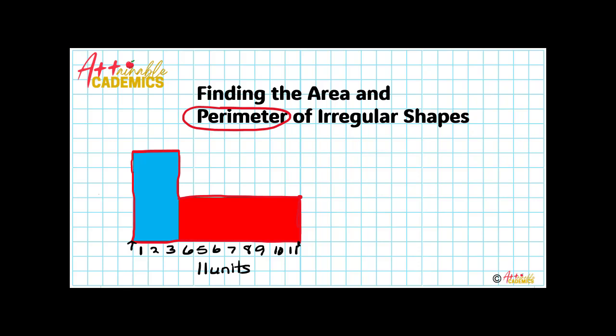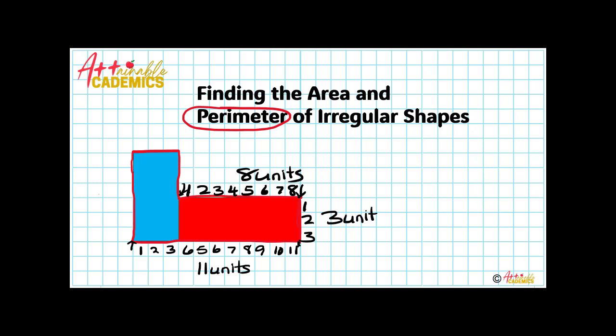Okay, we got that. What about from here to here? 1, 2, 3. Did you see that as well? So that's 3 units. All right, keep that in mind. What about from this point to this point? 1, 2, 3, 4, 5, 6, 7, 8 units. Okay, so far we've got 11 units, 3 units, 8 units.